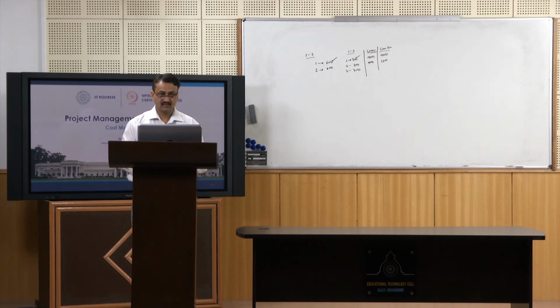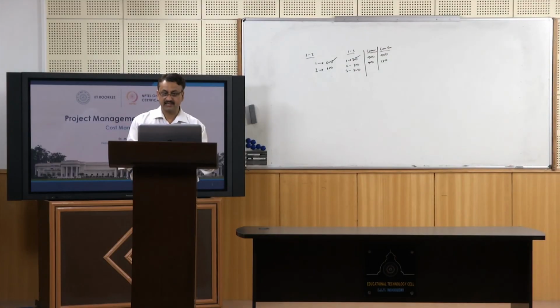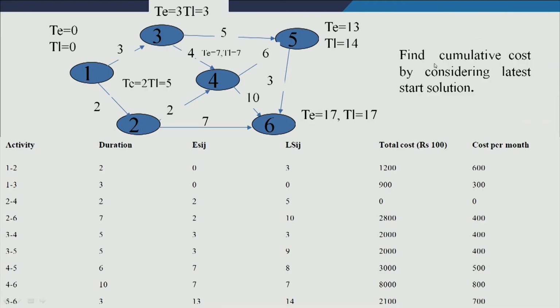Let us look at what will happen if you look at latest start time rather than earliest start time. We will take the same example and find out cumulative cost by considering latest start time. Latest start time means we will look at this particular column, not at this particular column.